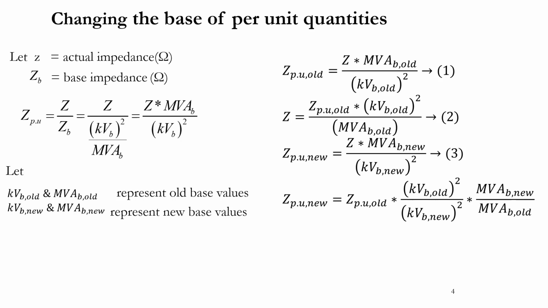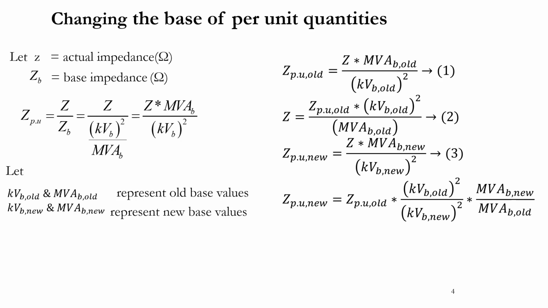Z per unit old is Z into MVAB old divided by kVB old the whole square. Let this be equation 1.